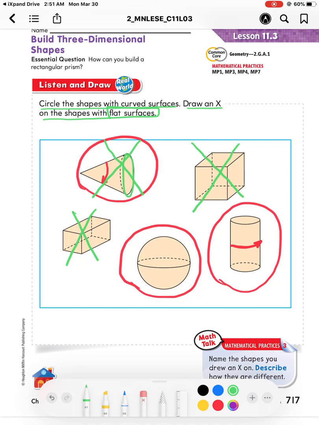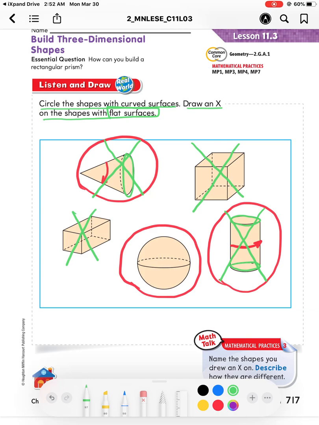What about the cylinder? It also has a flat surface. This surface and this one. Why do you think this shape has a flat surface? Because it can lie flat against a table. So let's make a cross here, X.